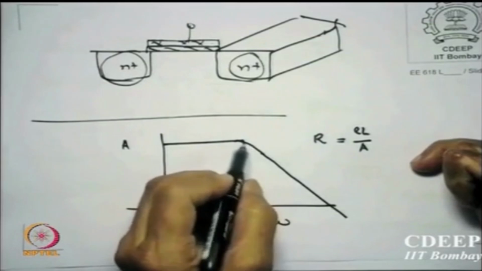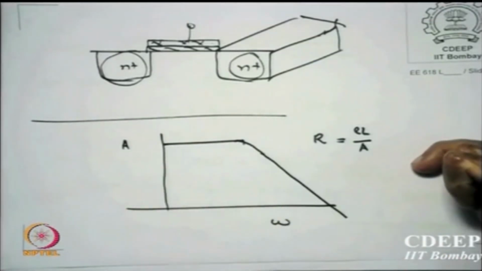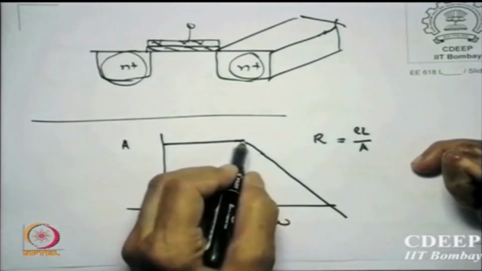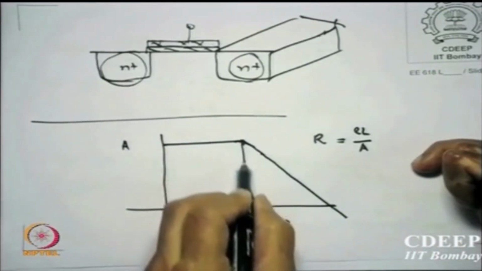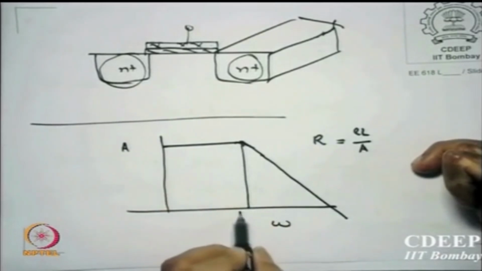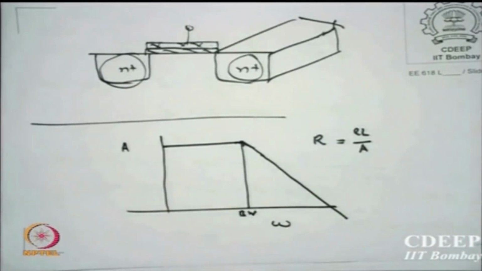Of course this is a 3 dB point where the gain falls by 0.7, but as a Bode plot we can connect two slopes, and this frequency from where the gain starts falling is our bandwidth, up to which gain is constant.